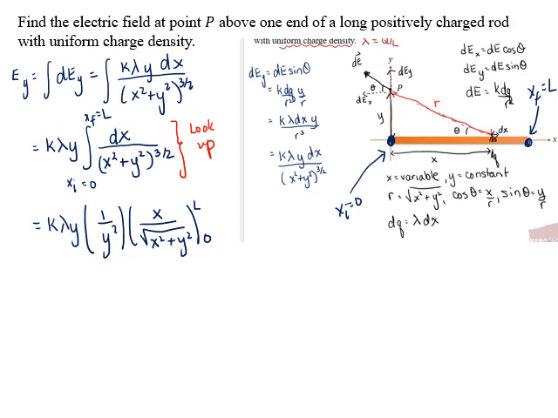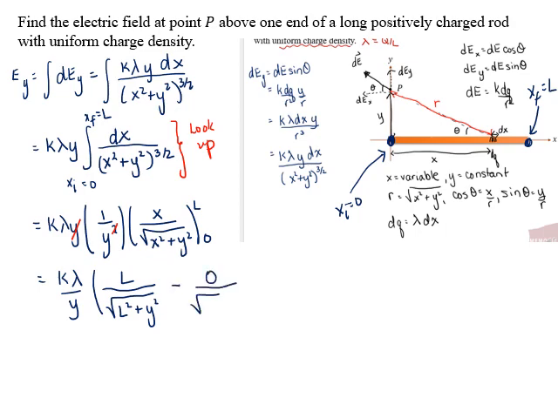First, we'll deal with this y a little bit. I've got a y in the numerator, y squared in the denominator, so we get a little cancellation there. We've got k times lambda over y. Those are all constants. They can sit out front. Then I'll put in my x equals L term. So I've got L divided by the square root of L squared plus y squared. Then I'm subtracting the term where I put in my 0.